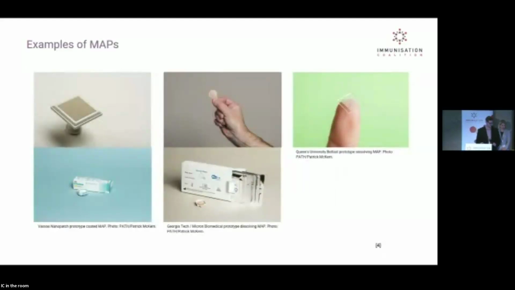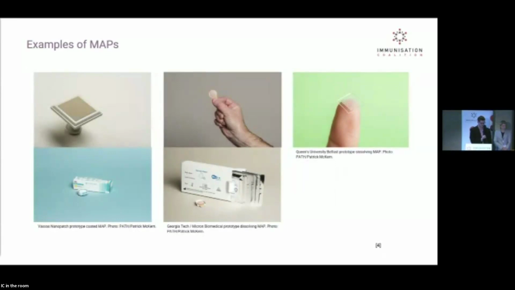So hopefully we've got some nice examples here. On the very left is what we just saw with the Vaxxis applicator. That is a slightly older generation. At the top there is the actual HD MAP, the patch itself, and below that is the applicator.